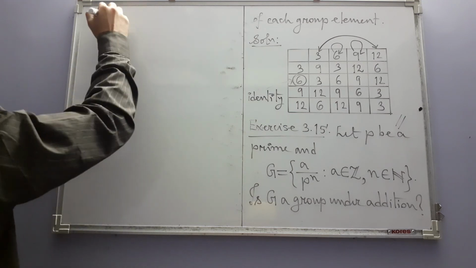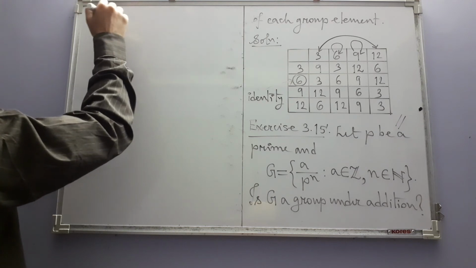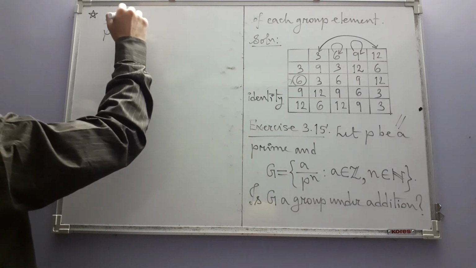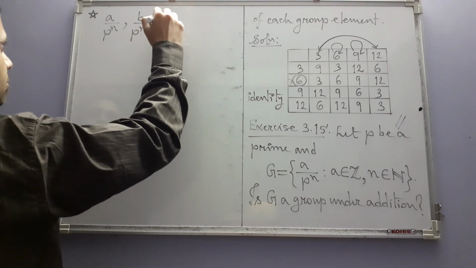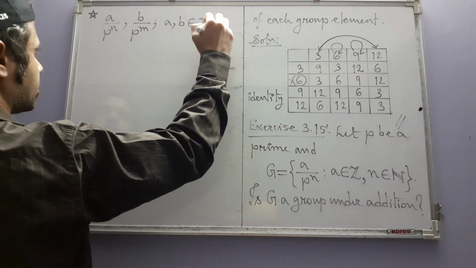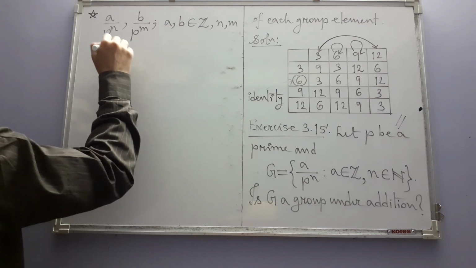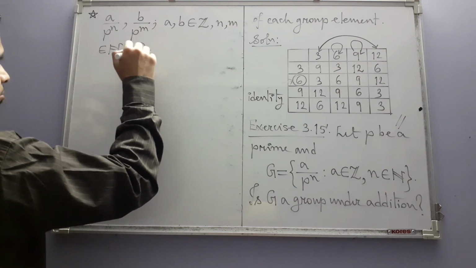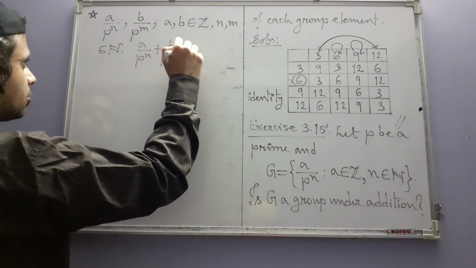Now if we take any two elements from this set, how would they look? a divided by p to the power n and b divided by p to the power m, where a and b are integers and n and m are natural numbers, positive integers. Then if you add them, you get this.